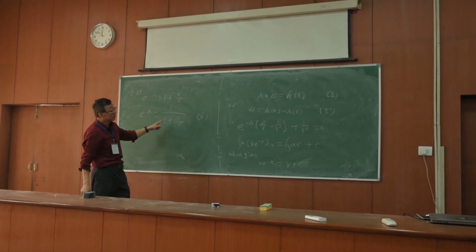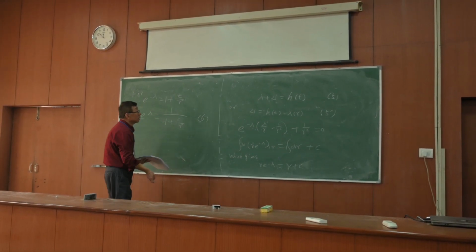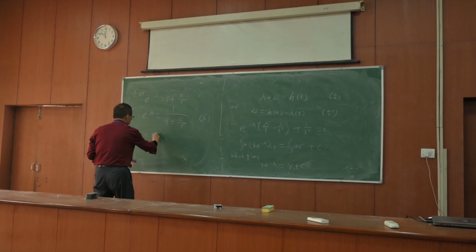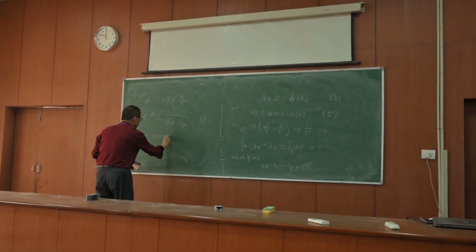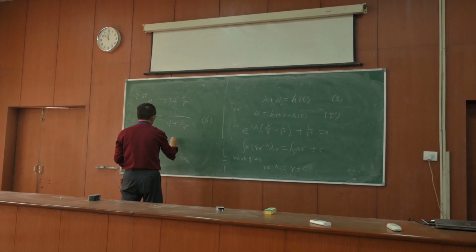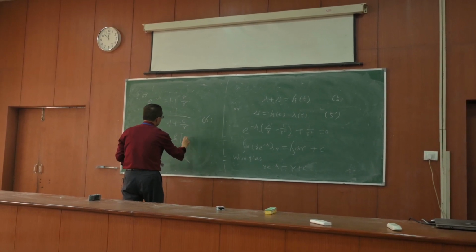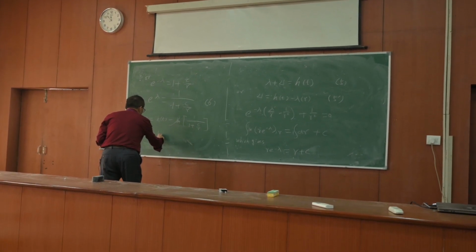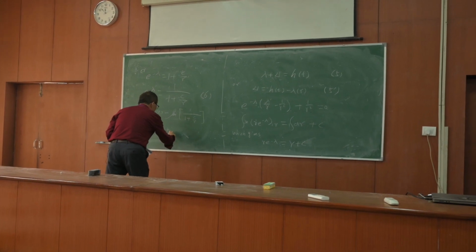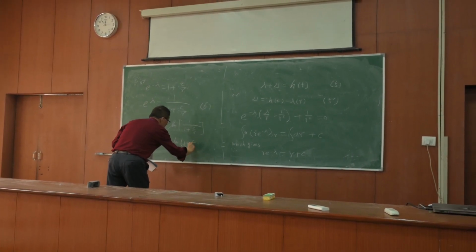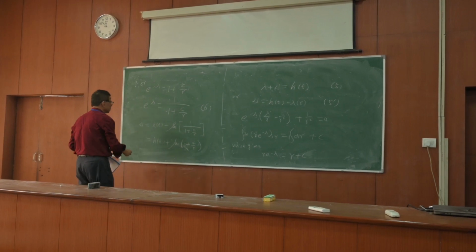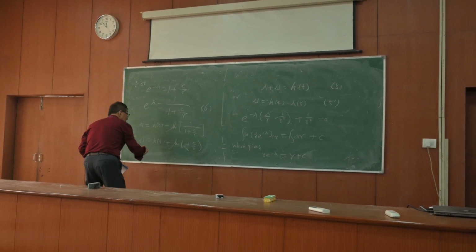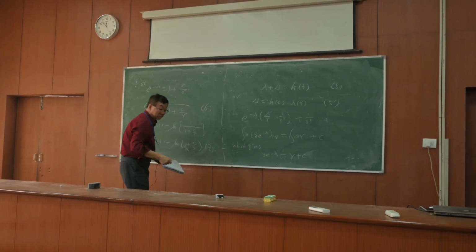Now, once we get lambda, we can use it. So this thing you can say now, nu equals minus lambda, equal to log of 1 minus 2M over r.